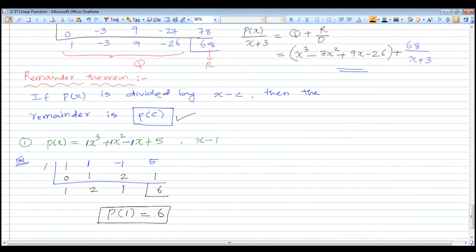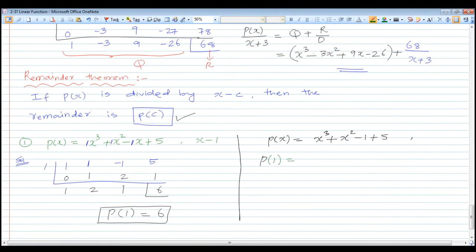Let us go with the math we studied before. Suppose you have a polynomial p of x equal to x cube plus x square minus x plus 5, and I have to calculate p of 1. So to calculate p of 1, what do you have to do?